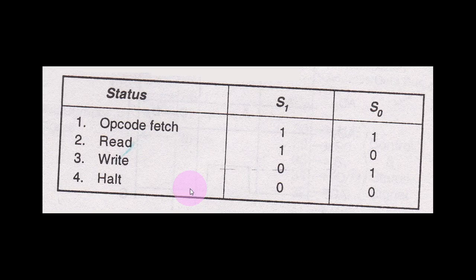So now let us come to these status bits S0 and S1. So what do they mean, right? The status bits are single bits and they can have a value of 00, 01, 10, or 11, right? So if the status bits both are 1, it means we are doing an opcode fetch. What do we mean by opcode fetch?